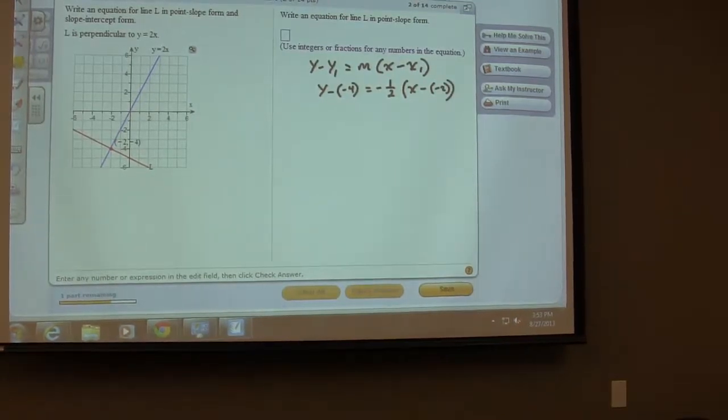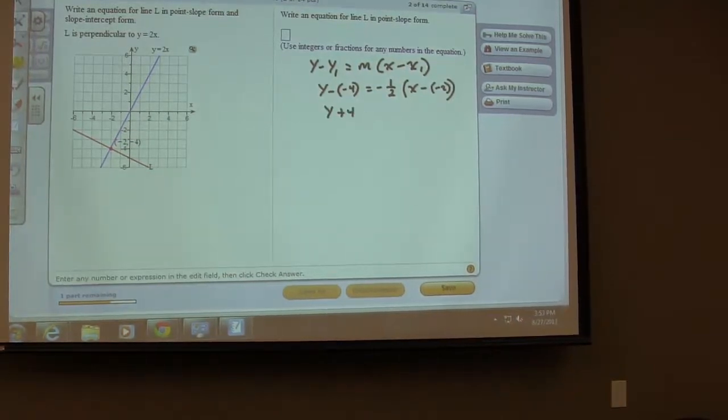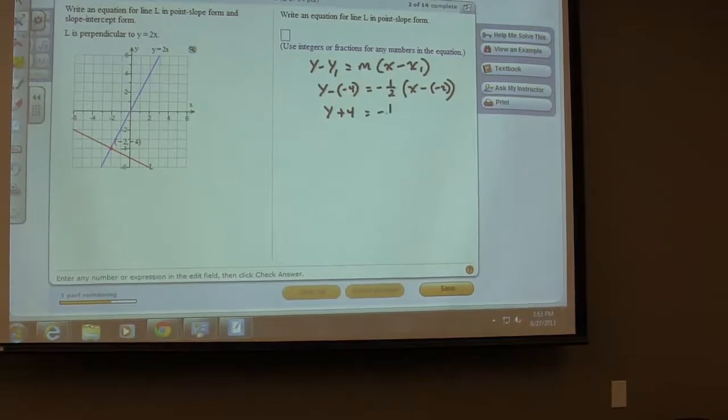Well, we don't want to leave it that way. We want to handle those negatives. So this becomes y plus 4 is equal to -1/2 times x plus 2. Now that's the point-slope form.